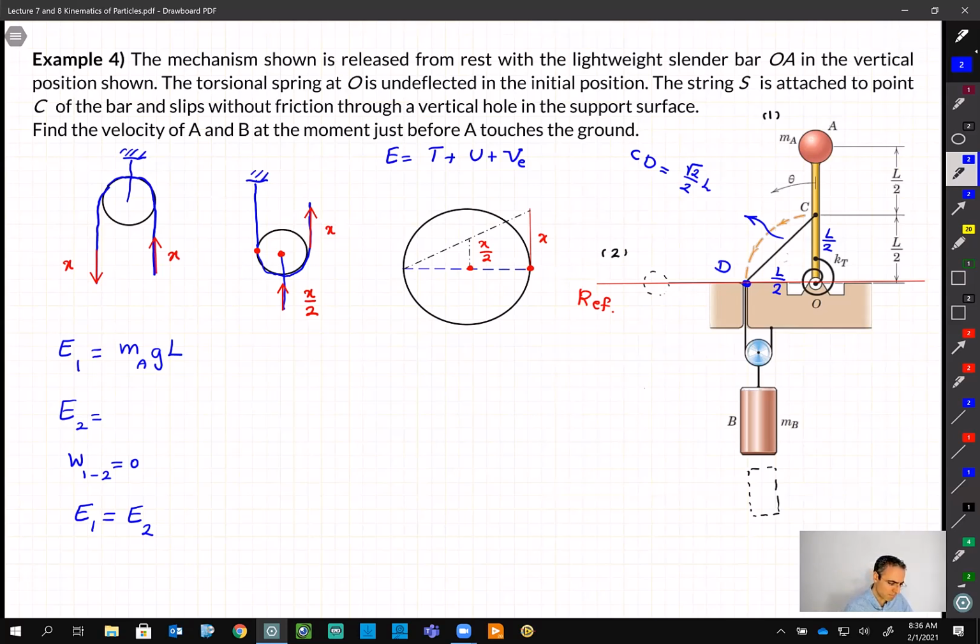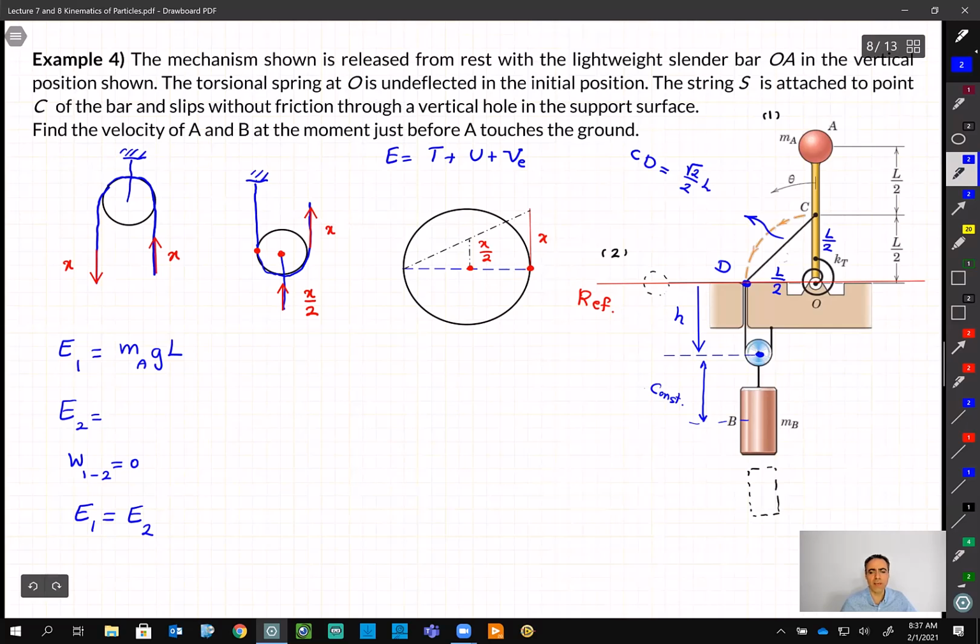What about B? It also has potential energy, but we don't know where it is. So let's call this distance H. Of course, the mass B is not at this point, but for now, because this distance is always going to be constant, since this is not moving, we don't care about this constant.